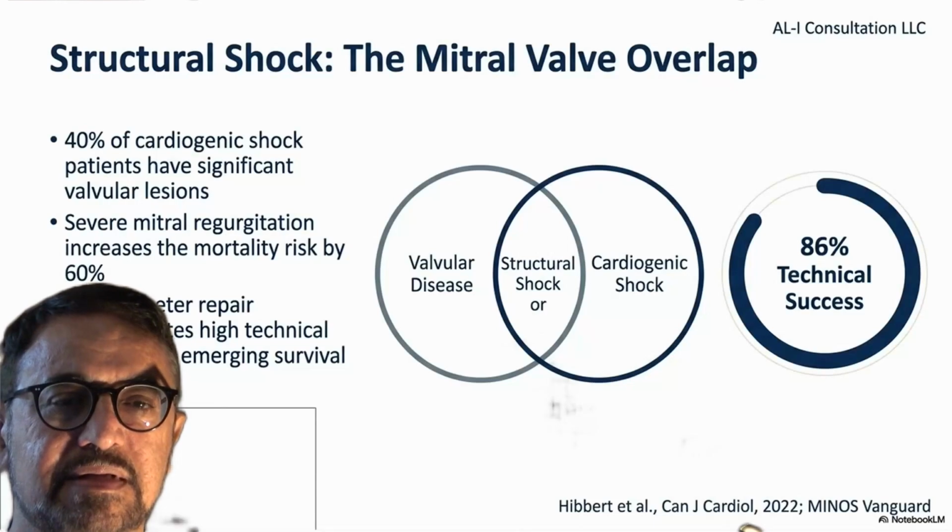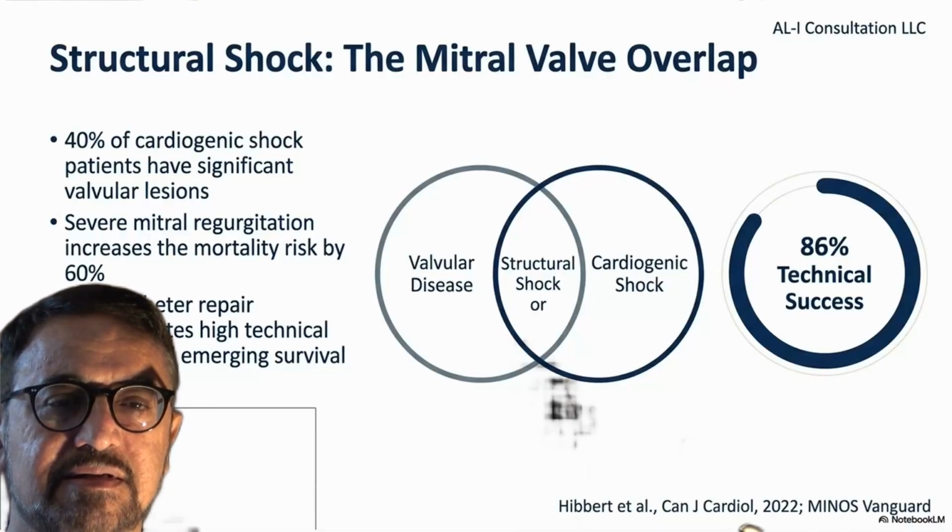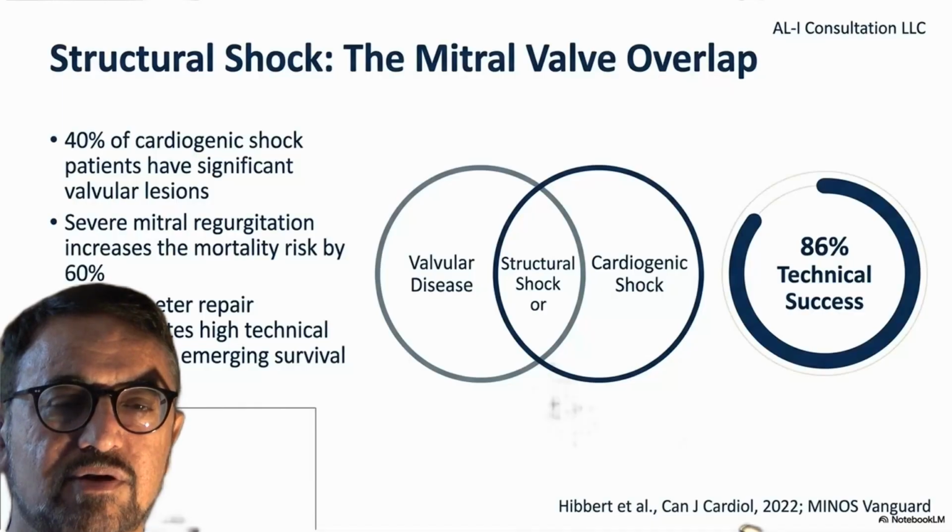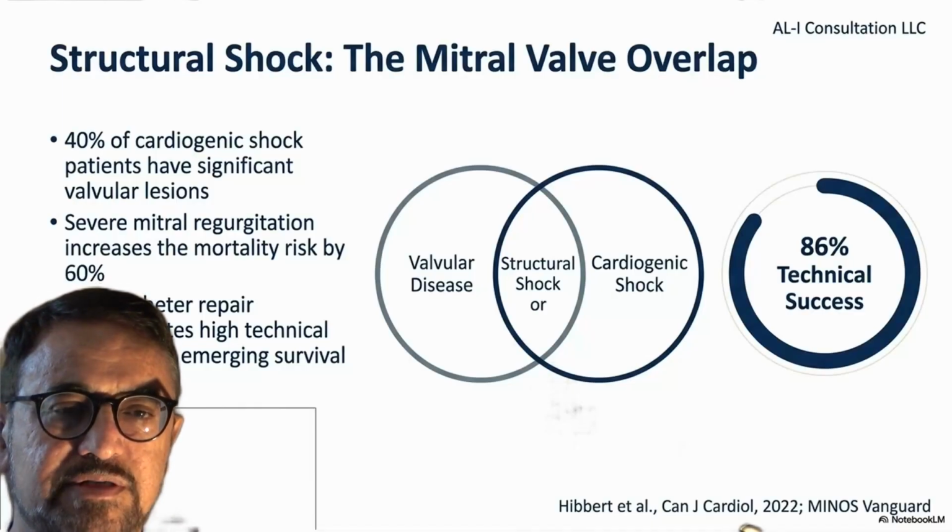If severe mitral regurgitation is driving the physiology, escalating pressures alone will not solve the problem. In selected patients, transcatheter mitral repair may become an important rescue or stabilizing strategy. The larger message is that shock therapy must include diagnosis of reversible mechanical contributors, not just escalation of drugs and devices.